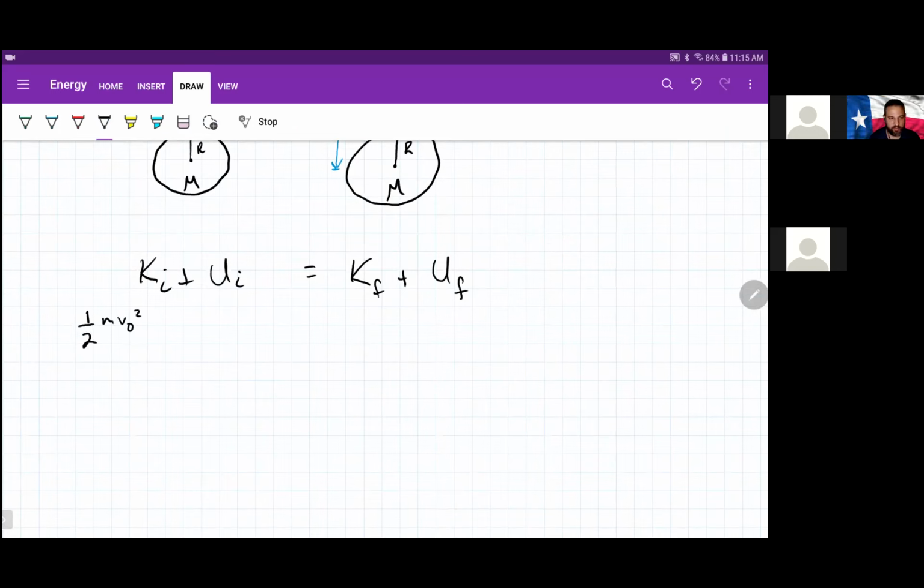And then my potential energy, I'm not going to use mgy. I'm going to use the equation we originally got, the gravitational potential energy. So there's your gravity, but it's not using little g. It's using big G, the gravitational constant, times M times little m divided by R. And of course, I'll put all the same things over on the other side. I have 1/2 m v squared. That's the final velocity. Minus, and the minus comes from it going down.